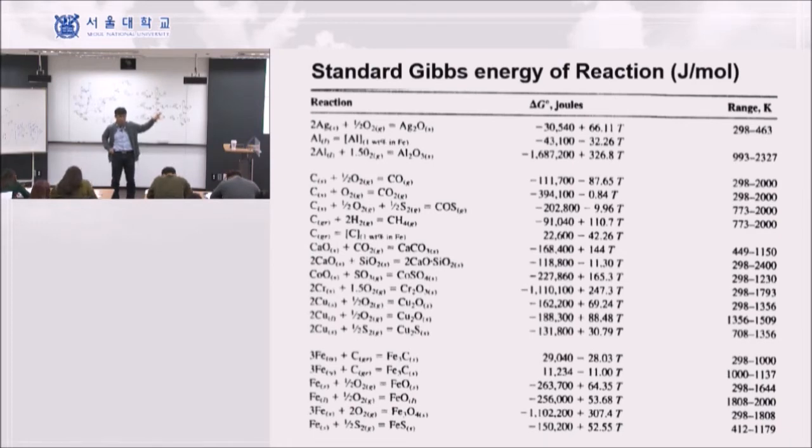You have to know exactly which state it is, otherwise your Gibbs energy is different. So 2 moles of Ag solid plus half a mole of oxygen gas becomes Ag2O solid. And for that reaction, delta G of reaction equals those values. Let's take this one.